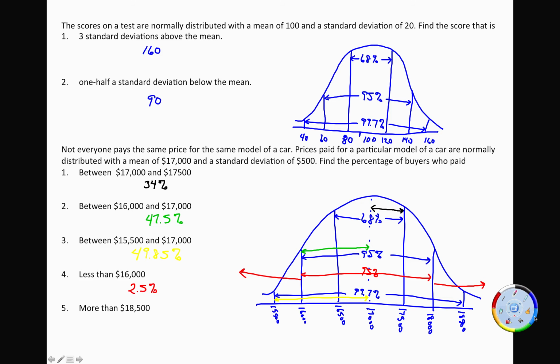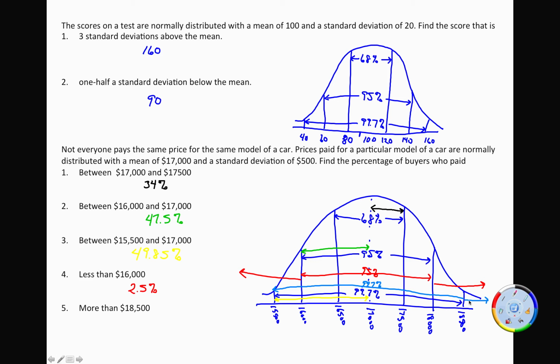More than 18,500 would be this quantity. But again, if I look, I know from here all the way to here is 99.7%.